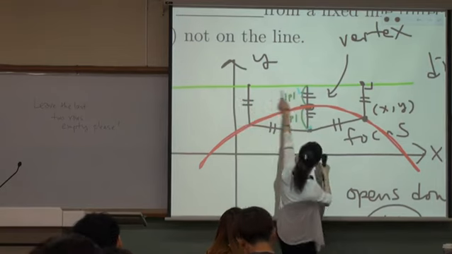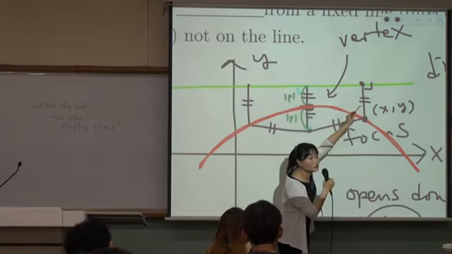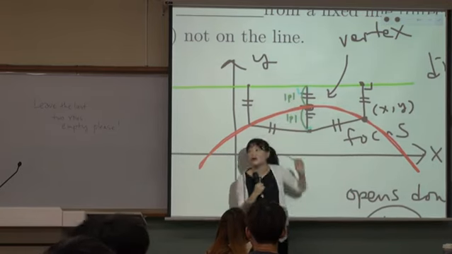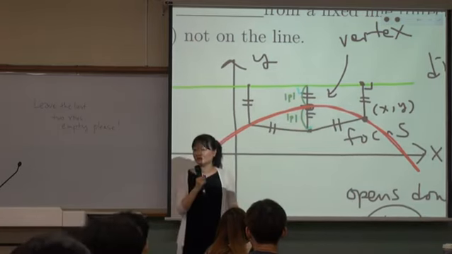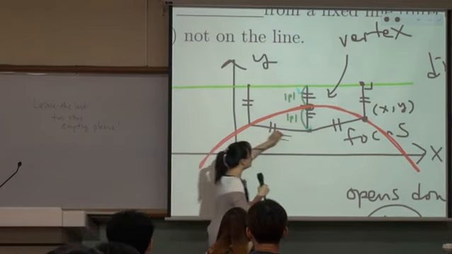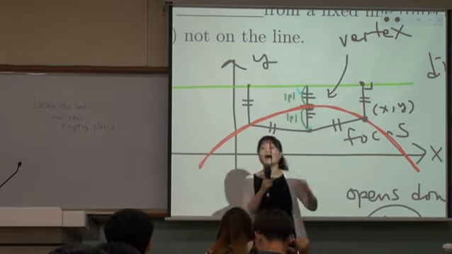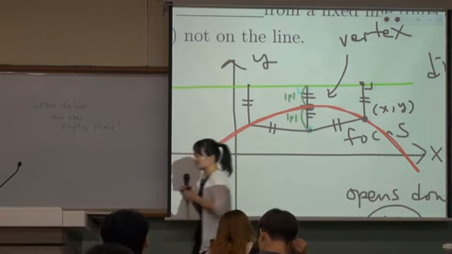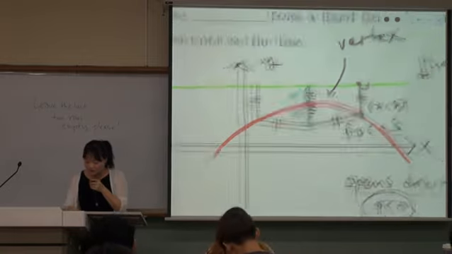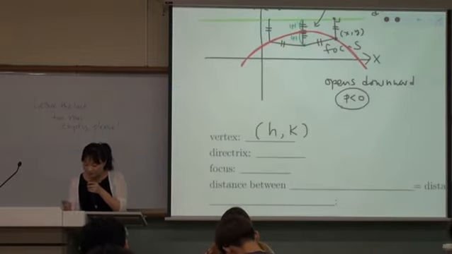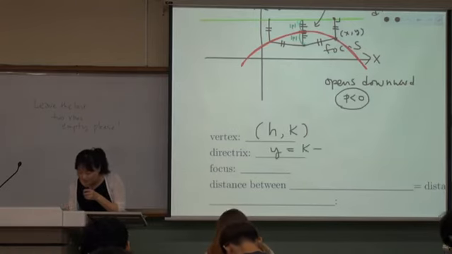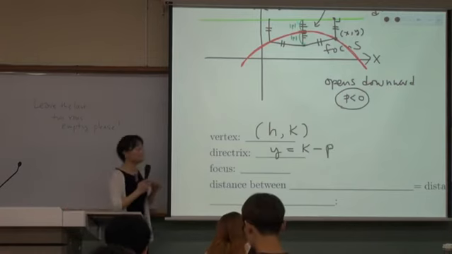So this is y equal to k plus p or minus p? Minus p. Why? P is negative. Okay? P is negative. Right. So the directrix is y equal to k minus p. Yes.